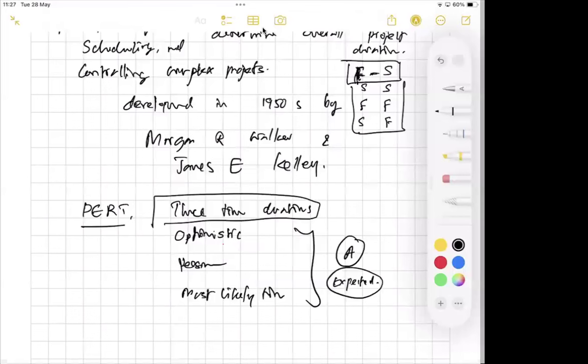Right. Have you learned PERT in operations research? Yes or no?